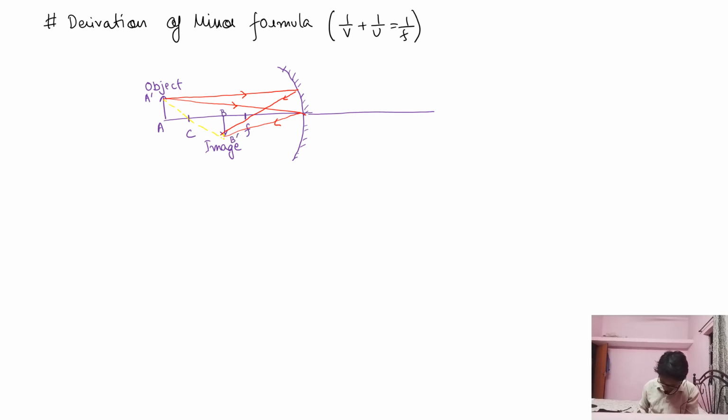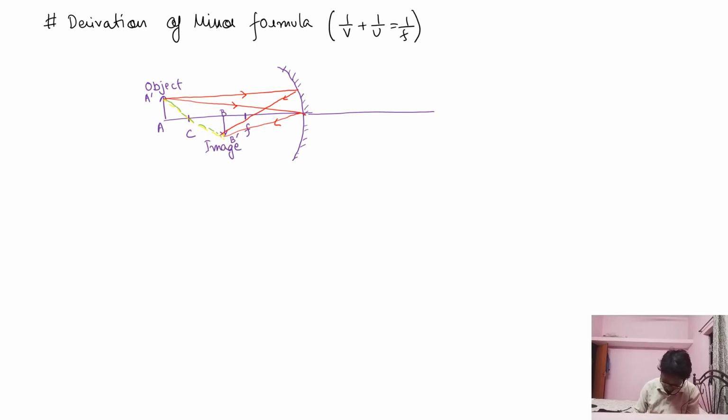Now see this triangle. The yellow dotted line was very unclear, so let me draw one more line so that you can see it properly. Let's see triangle AA dash C and triangle BB dash C.